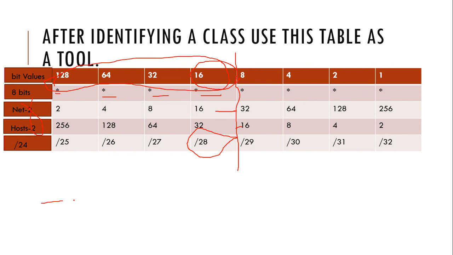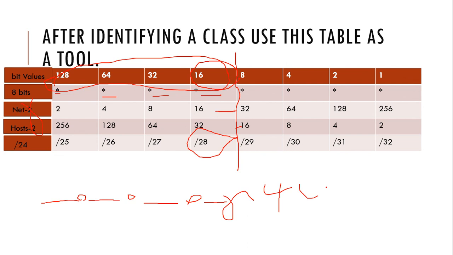Like we had a 255, a full one, all bits were active. Then here only 4 bits were active. Then we are having a 240 right here.